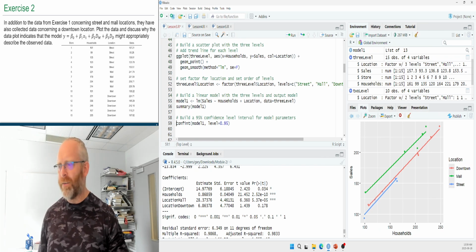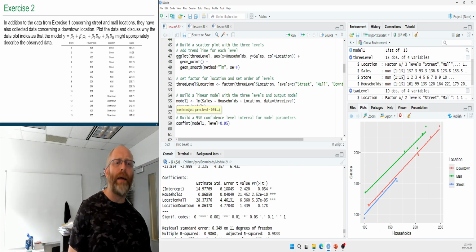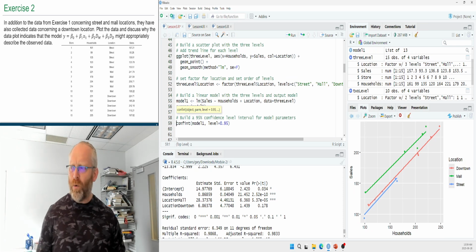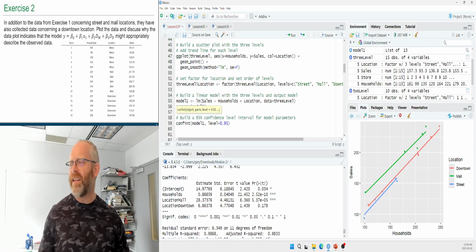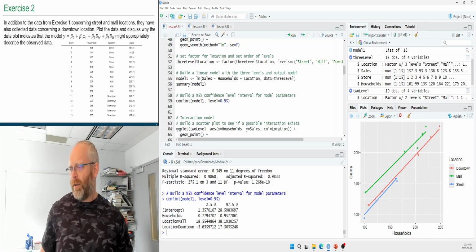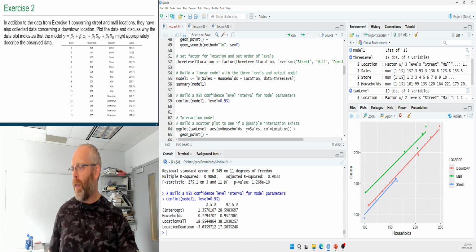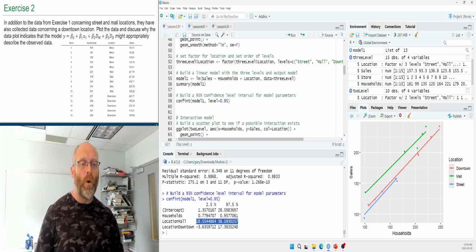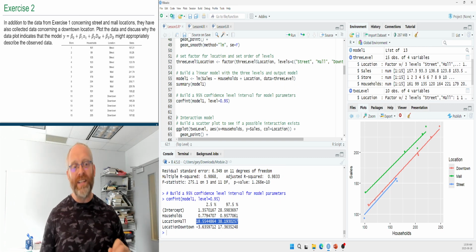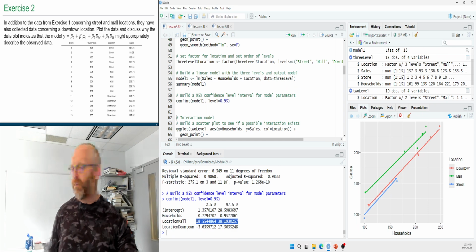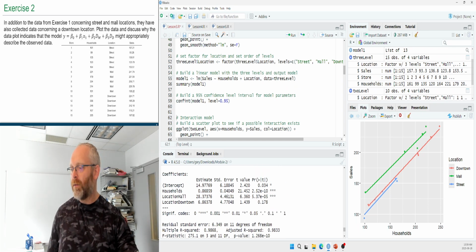Well, let's look at the confidence interval first, and then we'll run a quick hypothesis test here. Again, I want a 95% confidence interval. I want to do this for everything in Model 1. Notice for my location mall, my confidence interval for my beta 2, going from the street location to the mall location, my estimate is 28.37376.